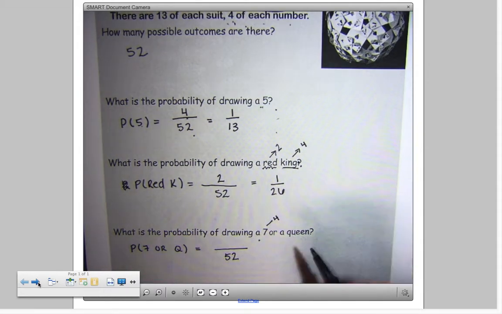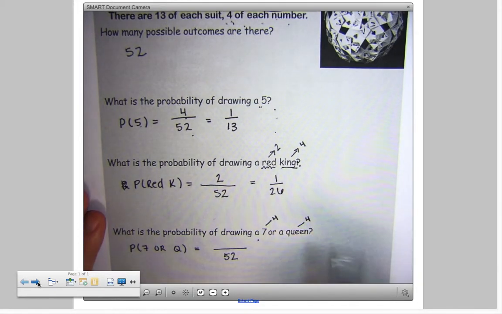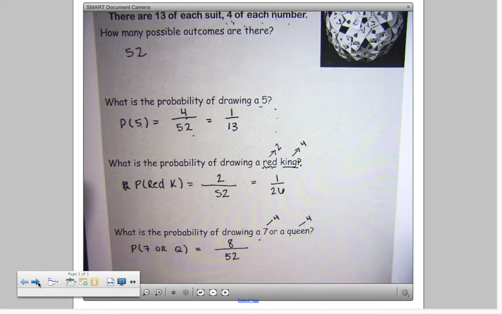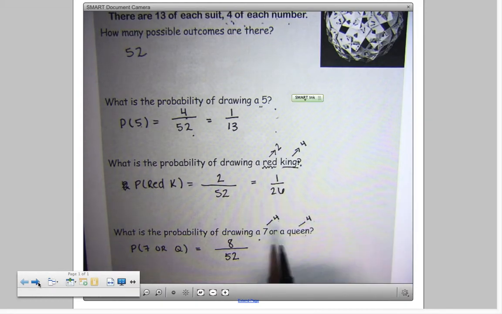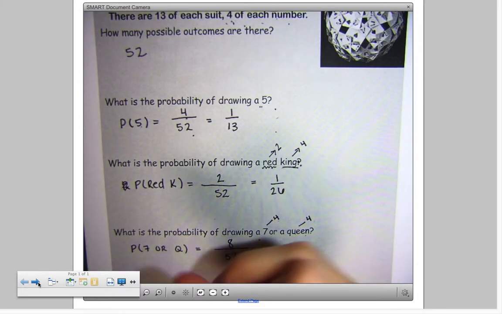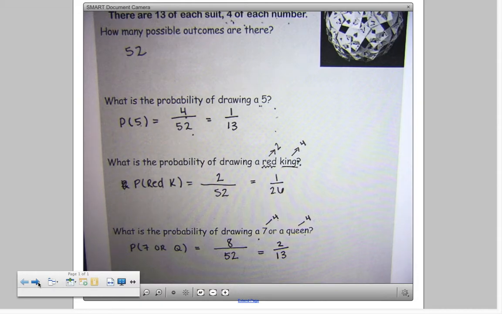And then queen, there's also 4 of those. So if we want one or the other, we're looking for 8 total possibilities. So our probability would be 8 out of 52. So 4 7s, 4 queens. We just want one or the other, it doesn't matter which. So it'd be 8 out of 52, which is just 2 out of 13.